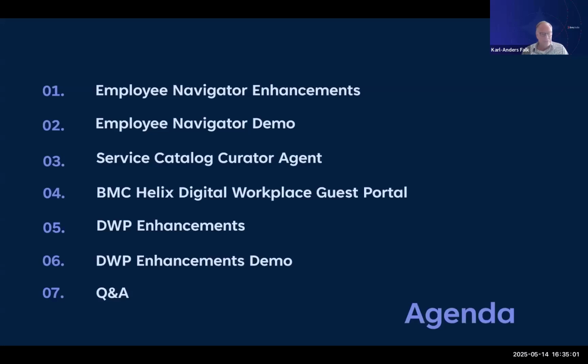We have currently 3 agents in Digital Workplace. One is the Employee Navigator, but then Deepak is going to talk about the service catalog creator agent that is new. He had a specific webinar about it the other week, but for those that couldn't join that one, we have a quick summary of what it is and how it can be used.